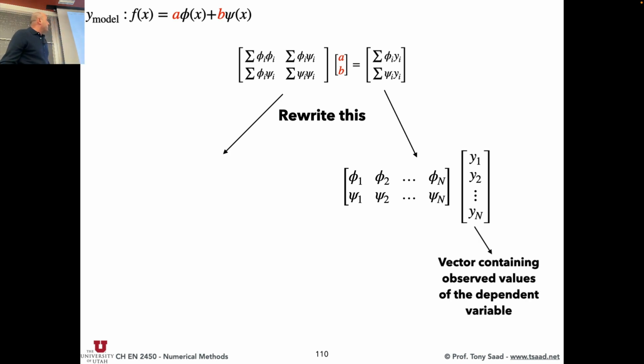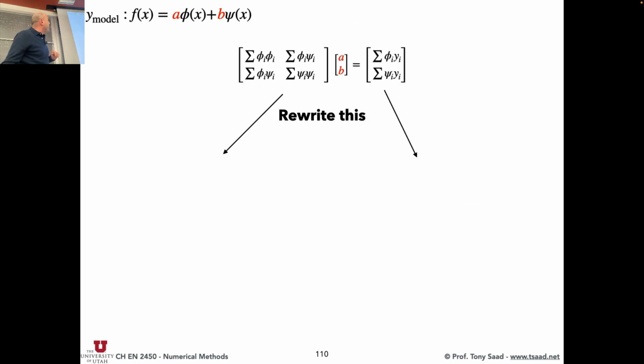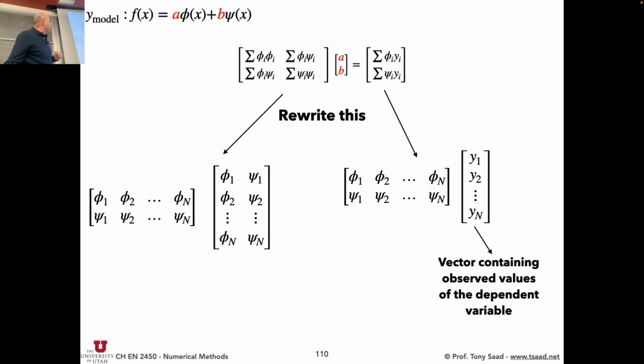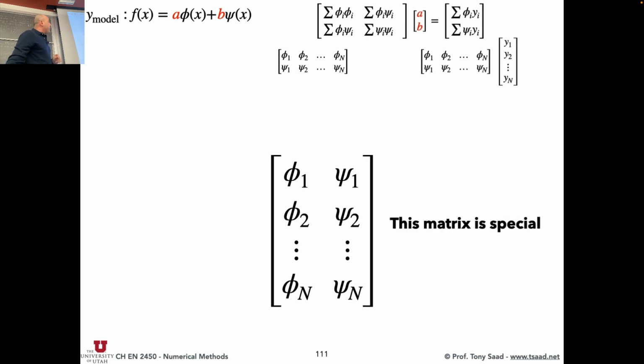Now, what's more important here is the left-hand side, the coefficient matrix. If you notice, that coefficient matrix is composed of that same matrix over here and its transpose. Now, this matrix is very special. If you look at it, it consists of the two basis functions that we were dealing with.